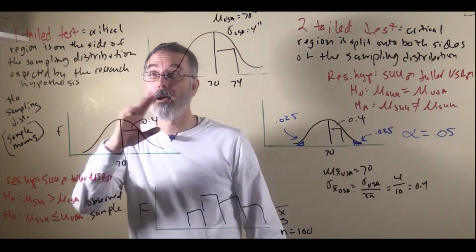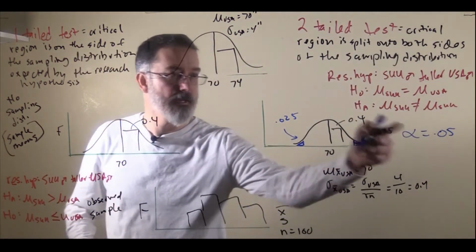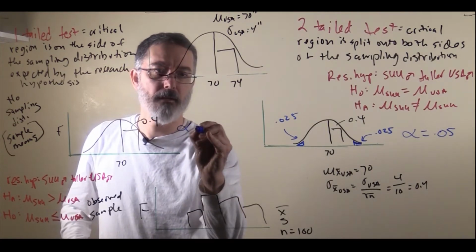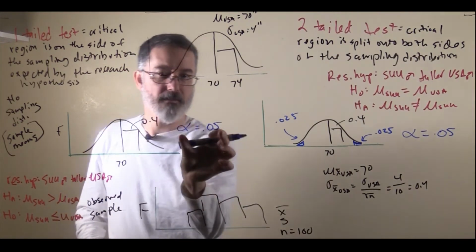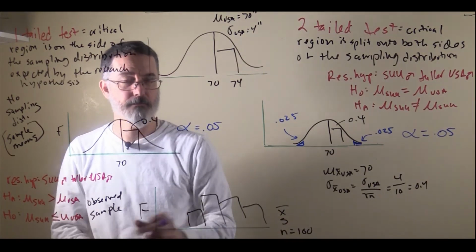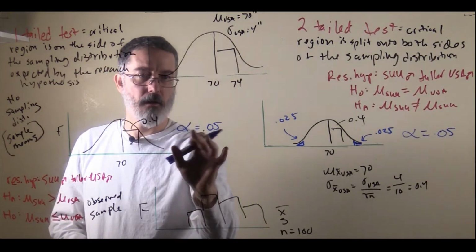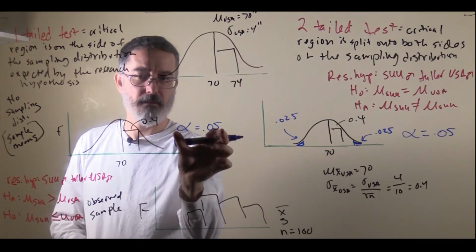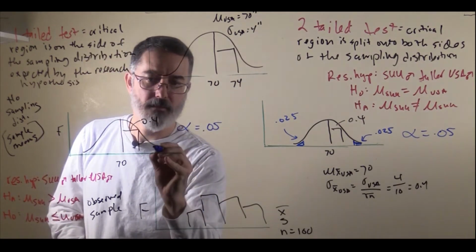So when you're doing the one-tailed test, we're going to keep alpha the same. Alpha is still going to be 0.05, right? Remember, this is our false positive rate, the rate at which we reject the null hypothesis when we shouldn't. But now, all 5% are going to be on one side.